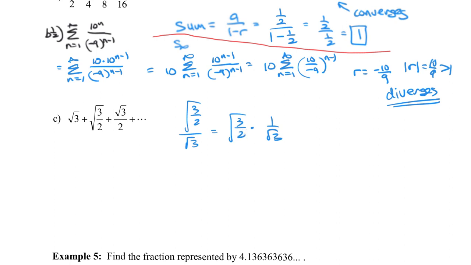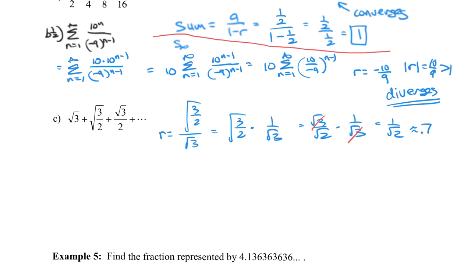So that's really the same as square root of 3 over the square root of 2 times 1 over the square root of 3, and then these square roots will cancel. So you end up with 1 over the square root of 2, and this is what r is equal to. So 1 over the square root of 2 is roughly 0.7.